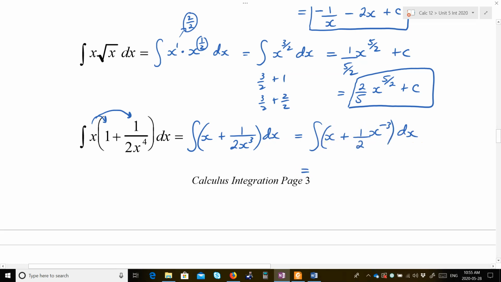And now we are ready to integrate. And we would get x to the 2 with a 1/2 in front, x to the negative 2 with a negative 1/4 in front, plus c.